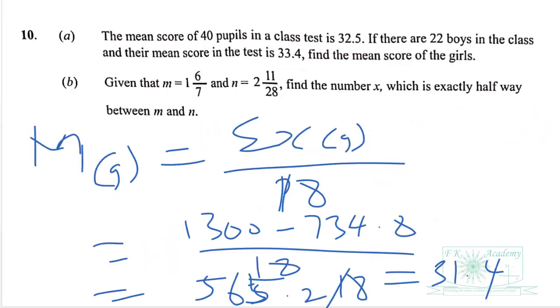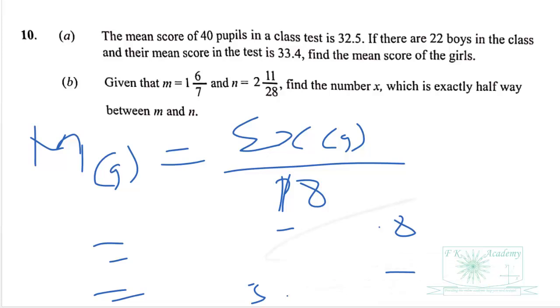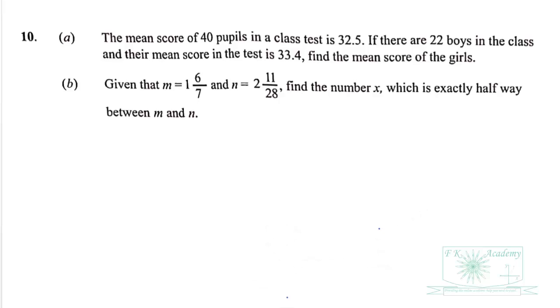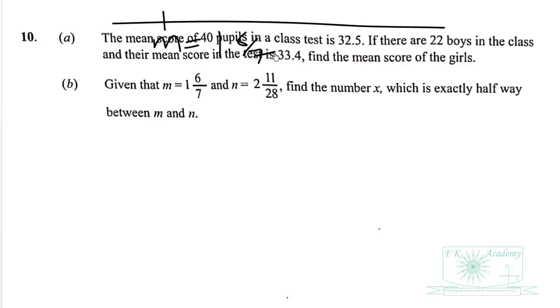Let me get some space here so that I can use it to solve the B part of the question. So with the B part of the question, we have something like this. We have two real numbers. One is m, which is one whole number, 6/7. Then another one is n, which is two whole number, 11/28.